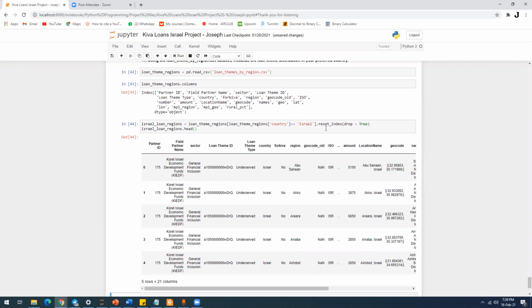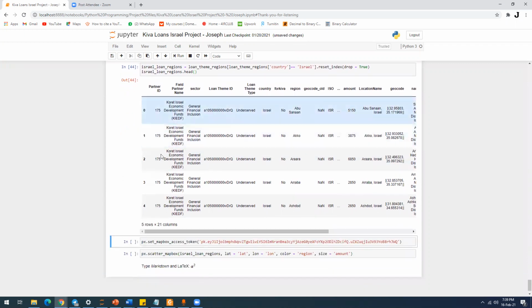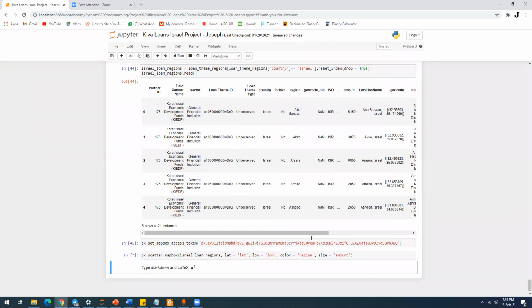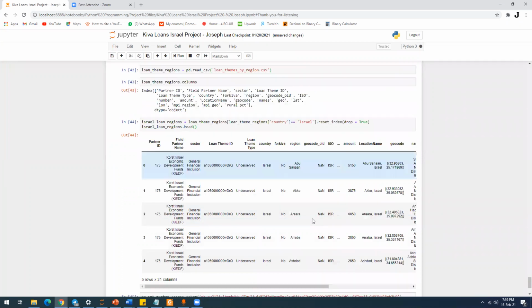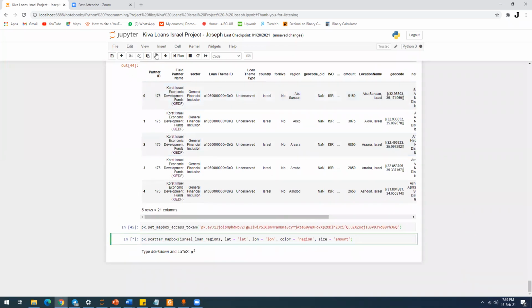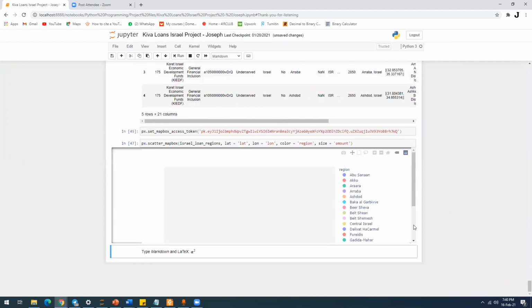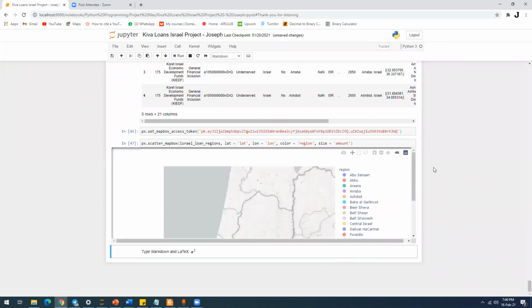I grouped by country, and then from there I was able to visualize it by theme distribution and the region that it is in. I'm waiting for this to load up so that we can all see. Yeah, it has loaded.